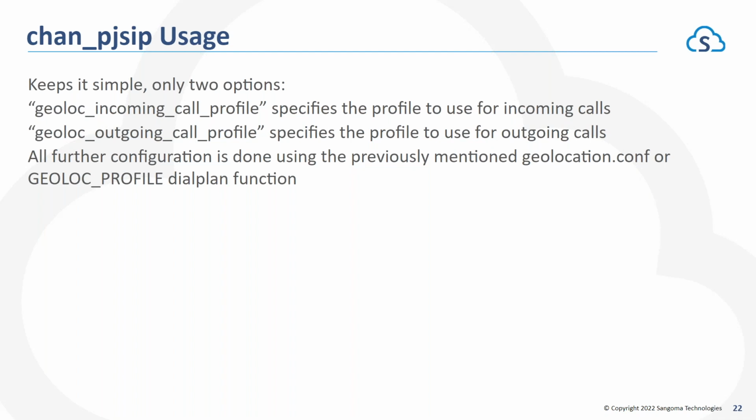Geolocation outgoing call profile specifies the profile to use for outgoing calls. So those are calls from Asterisk to the endpoint. In the outgoing case, that would commonly be your upstream provider. And then all further configuration is done just using the geolocation.conf configuration file or the Dialplan function. So within PJSIP, we just have those two options to specify which profile to use.